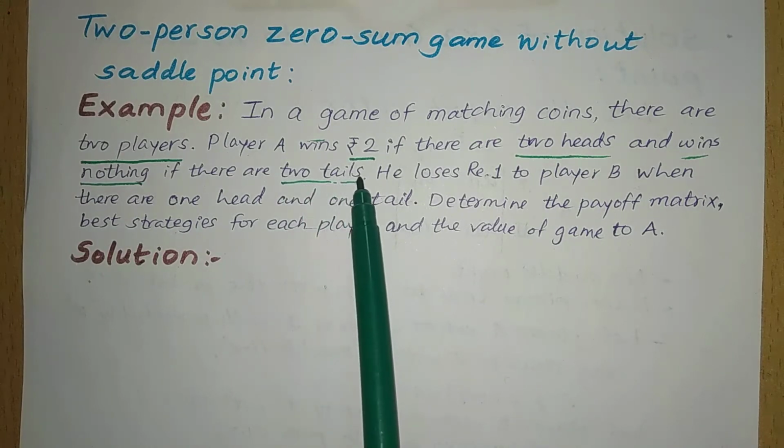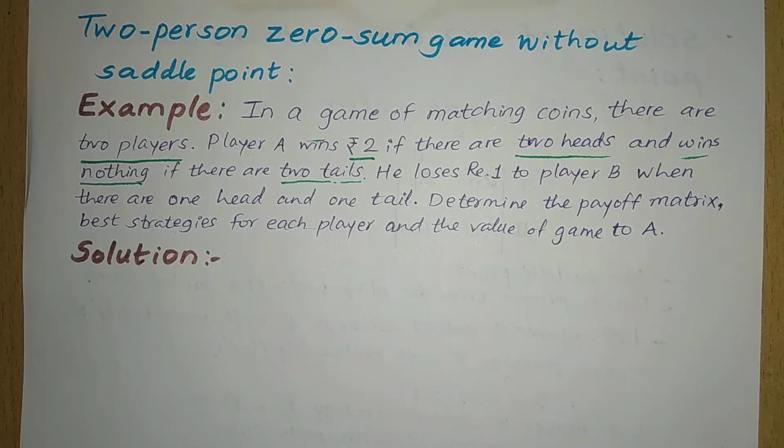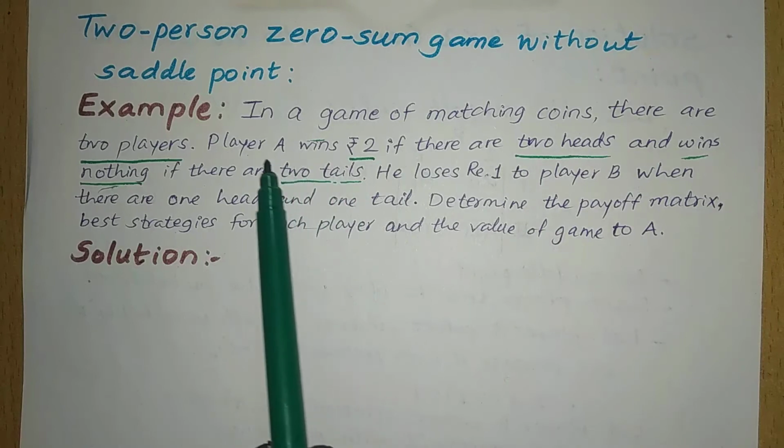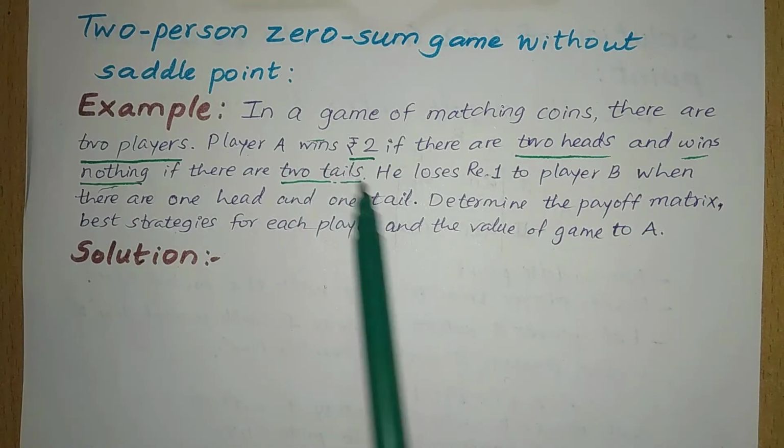That means if each player tosses a coin and there are two tails, there is zero gain to player A. And if there are two heads, then player A wins rupees 2.